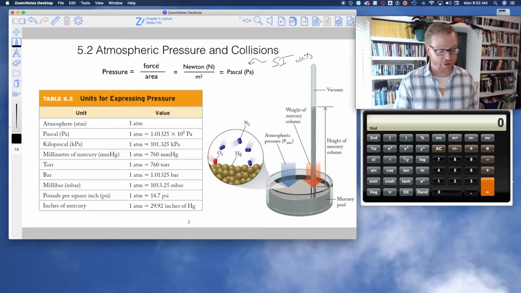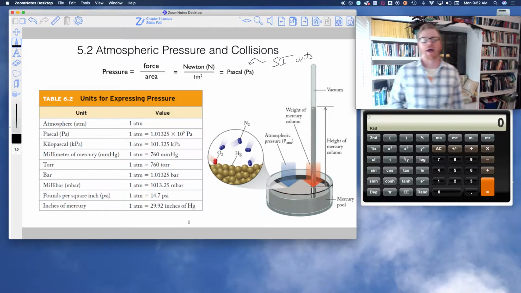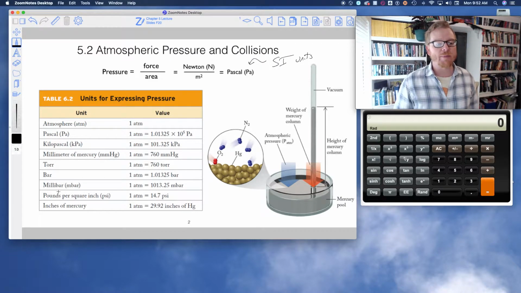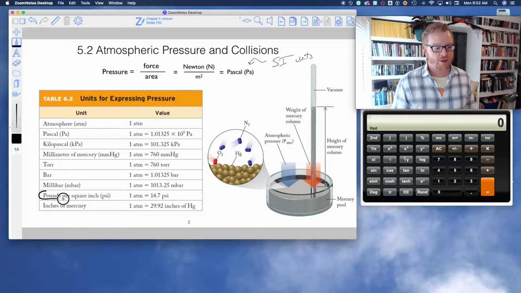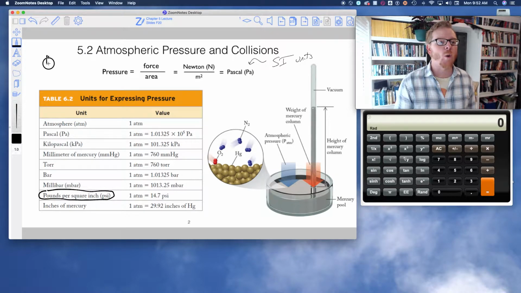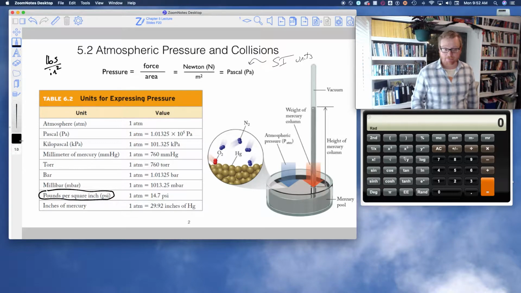A Newton is a unit of force, and a square meter is a unit of an area. So that gives us a Pascal. Something you might be more familiar with is the pound per square inch, the PSI, right? That is 1 pound of force per square inch.